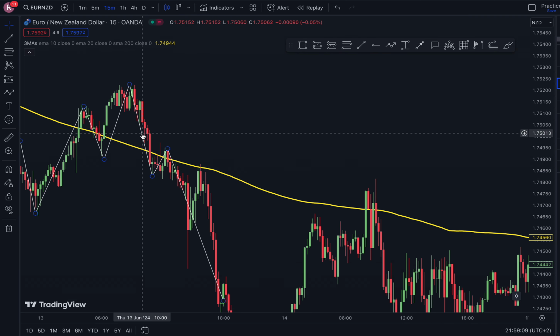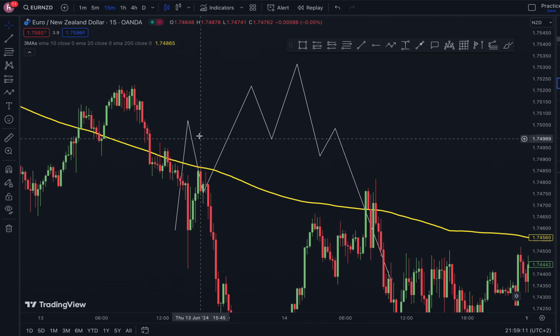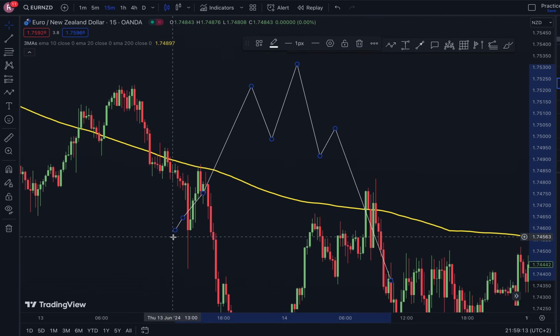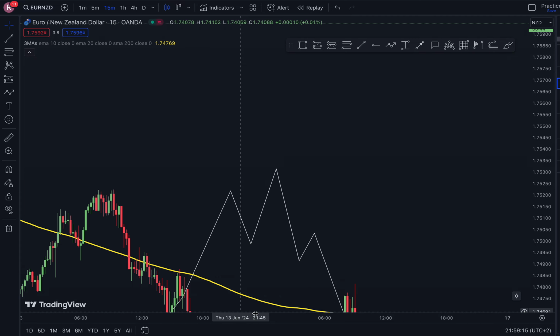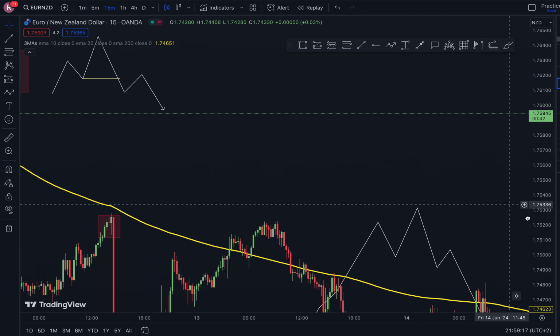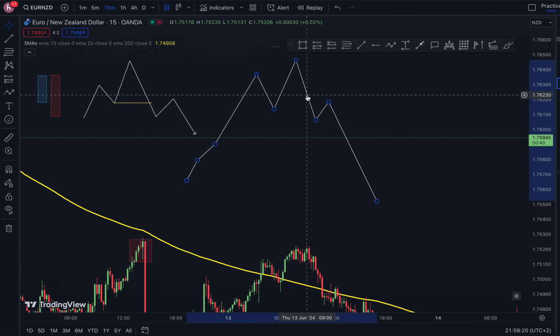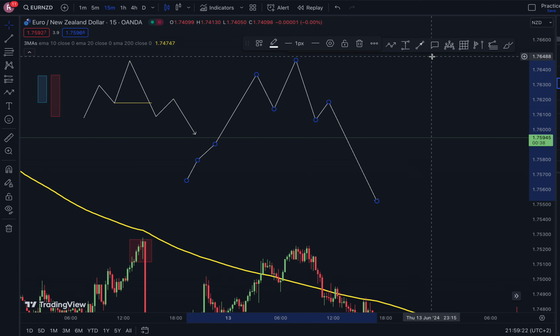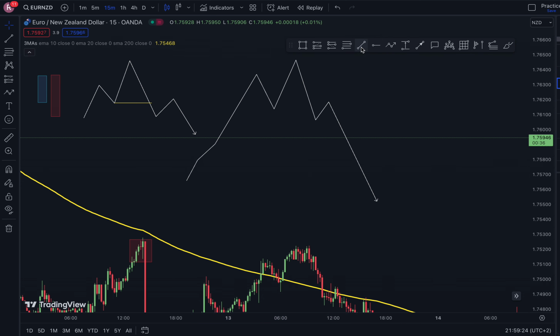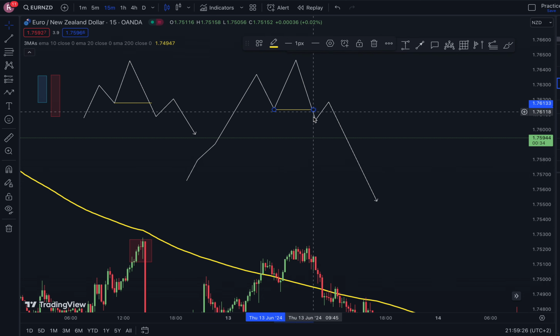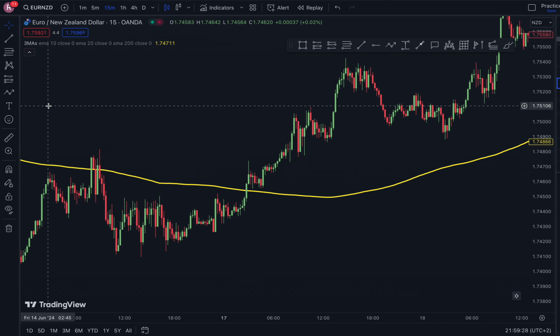You can see that pattern. I'm just going to move this down. This pattern over here is our change of character pattern. It happened again there.